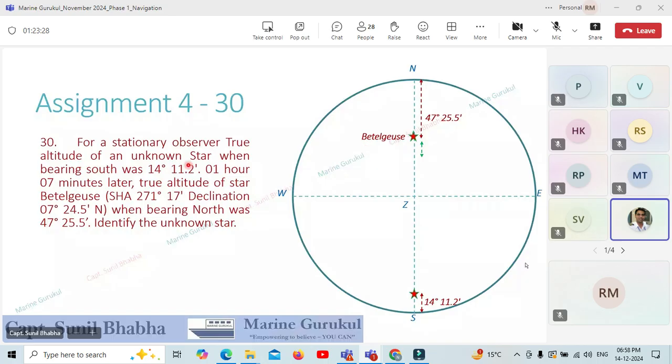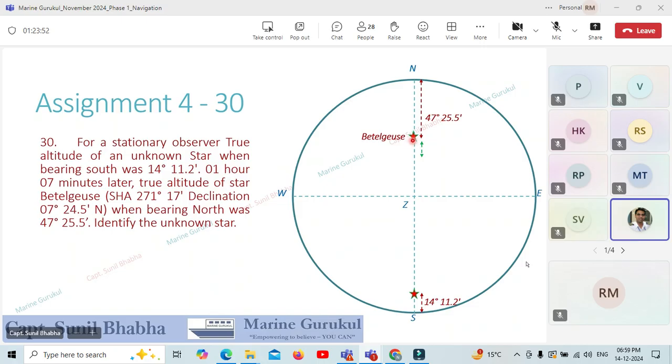Now, on this particular day, the declination of Betelgeuse was 7 degrees 24.5 minutes north. In other words, Betelgeuse is 7°24.5' north of the equinoctial. Now this tells me the equinoctial is 7 degrees 24.5 minutes south of Betelgeuse.